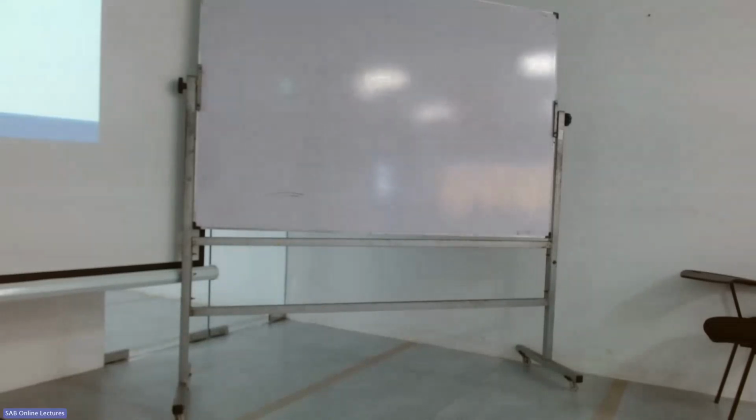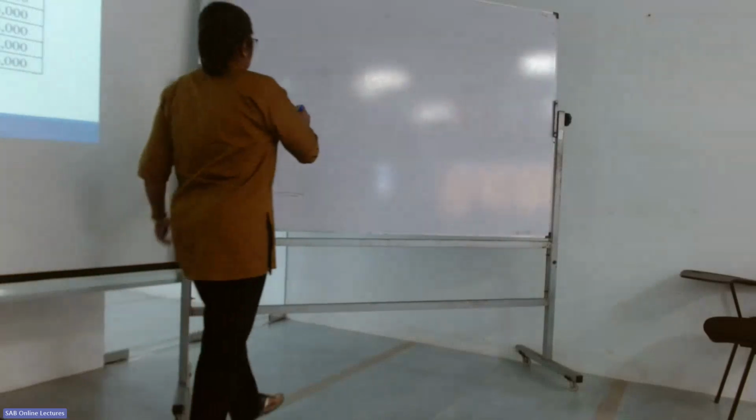Just to practice, calculate the ARR using this formula. You can see that throughout the life of the project there is an investment. So you can take the average investment using our formula: initial investment plus terminal year investment, divided by 2.